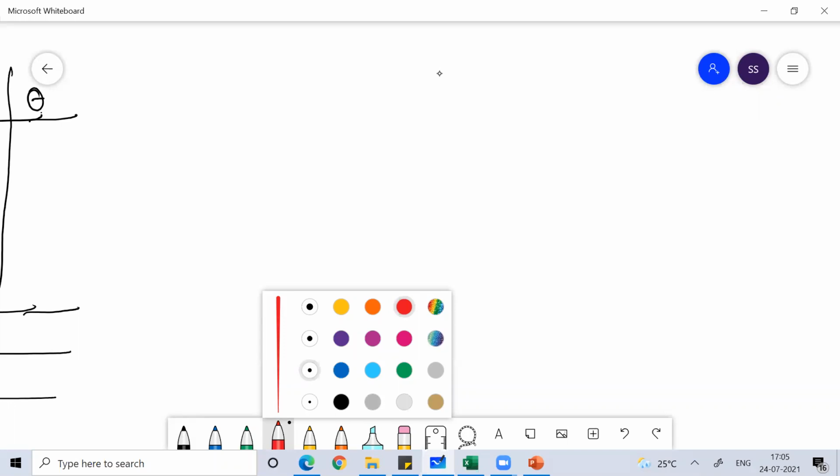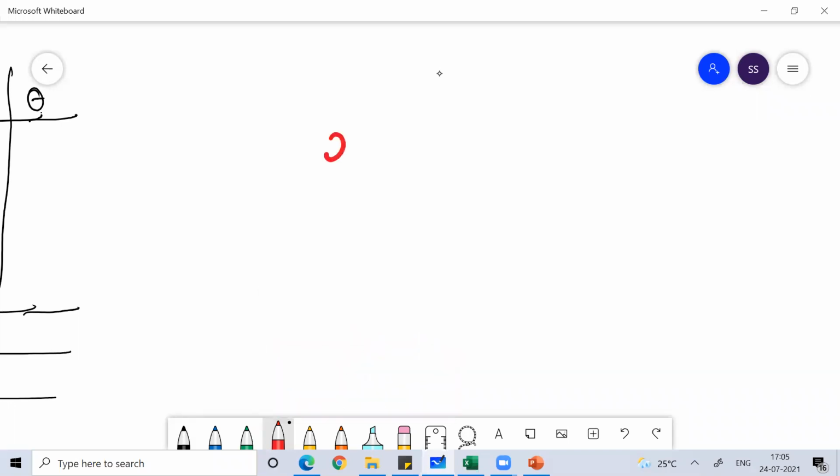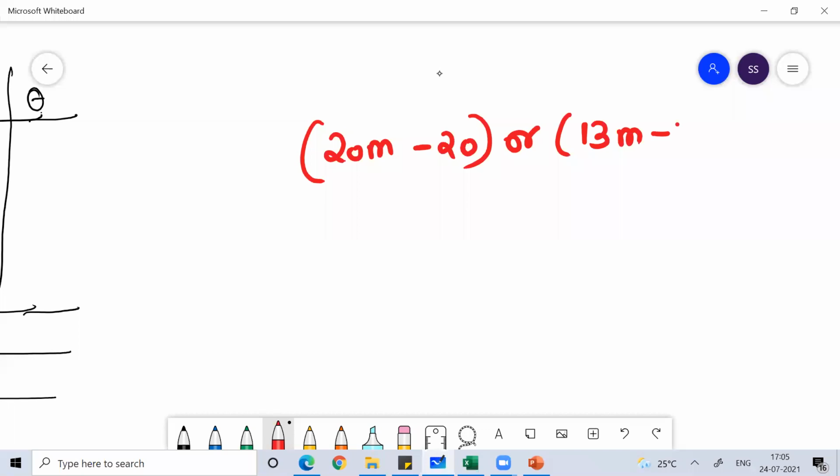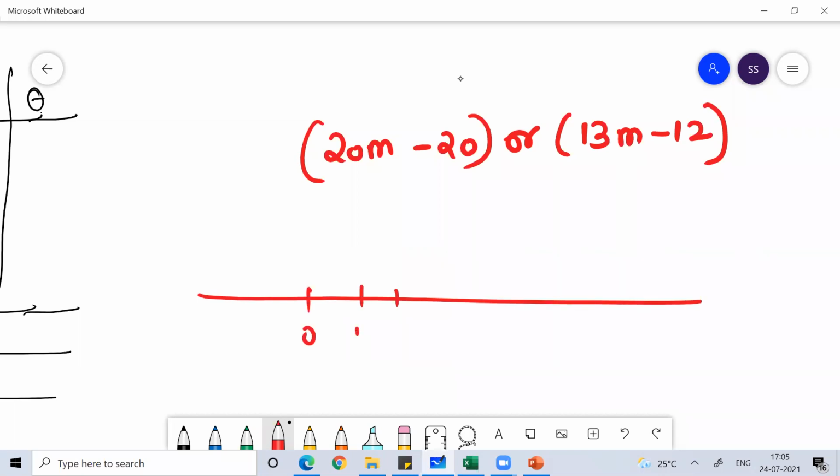You may think which is the bigger value, 20M minus 20 or 13M minus 12. You have to understand, M is a very large value. Think of a number line: where the 12 will lie, and where the M will lie. M is a very large value.